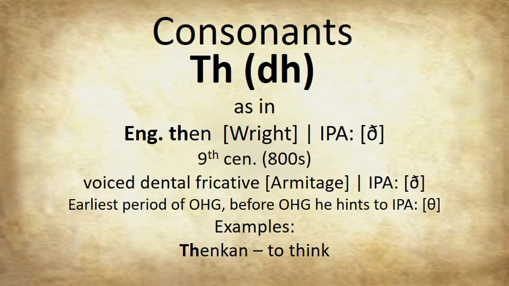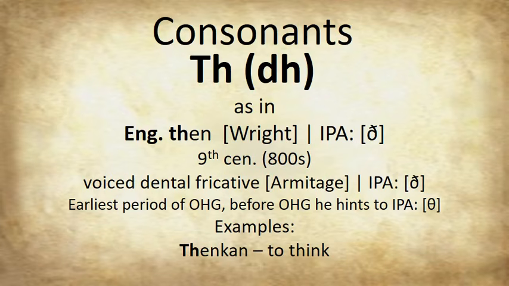Now we get into TH, and its graphical variation of DH. So for the pronunciation within Old High German of the 9th century and the 800s, this would have made a TH sound as in English then, so a voiced dental fricative.